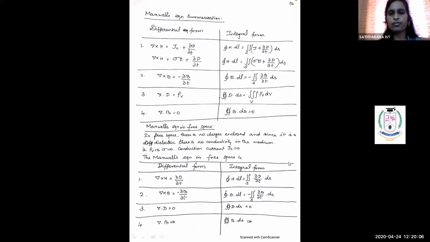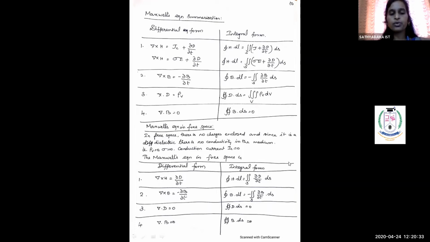So in integral form, line integral H dot dl is equal to surface integral, and as sigma becomes 0, we have only dou D by dou t into ds. So see the first equation in integral form under free space: line integral H dot dl is equal to surface integral dou D by dou t into ds. Here also the sigma term vanishes.